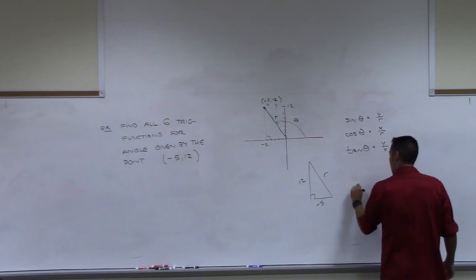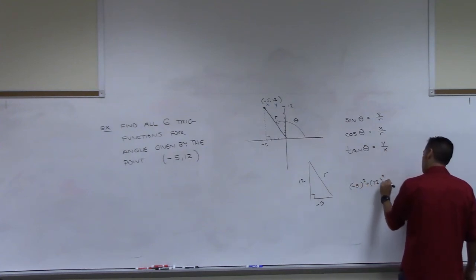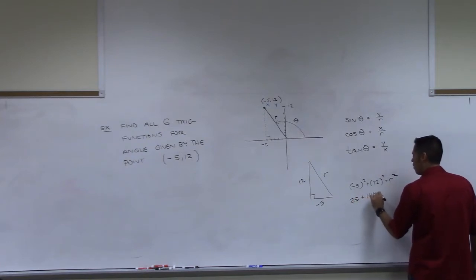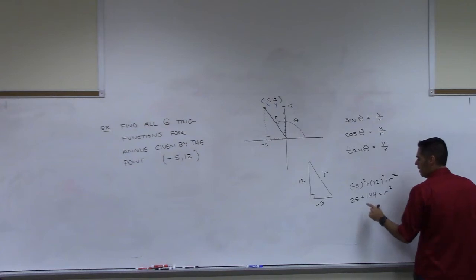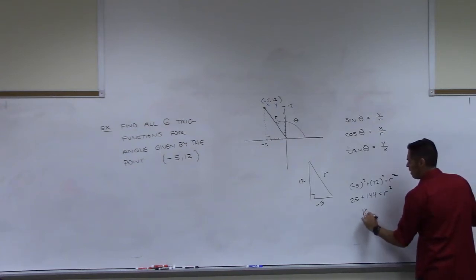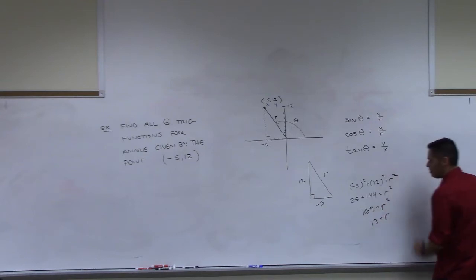We know that -5 squared plus 12 squared should equal r squared. So that's 25 plus 144 equals r squared. And what is that? 169, which is a perfect square, isn't it? That's 13. So r is 13.